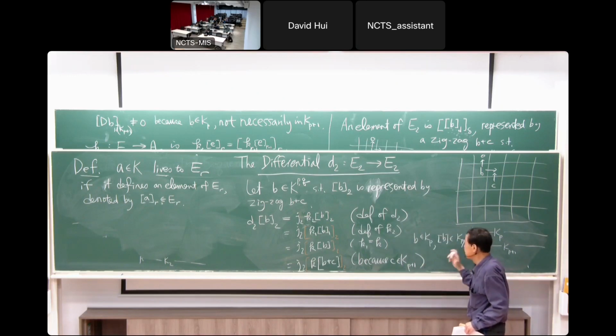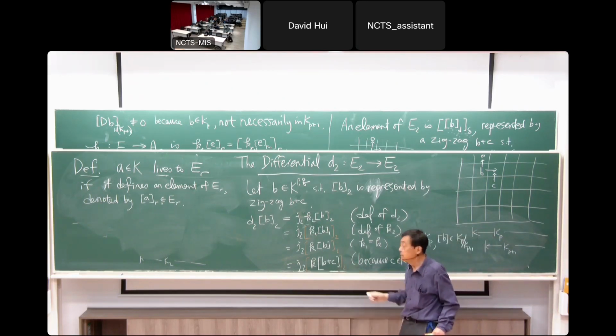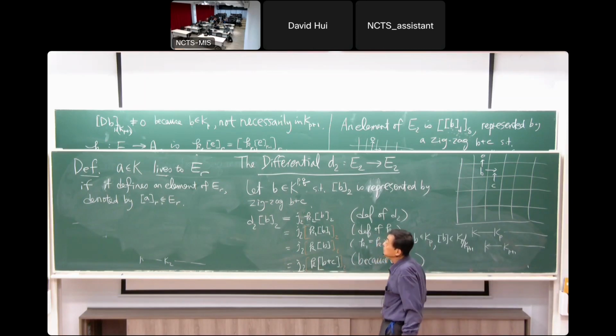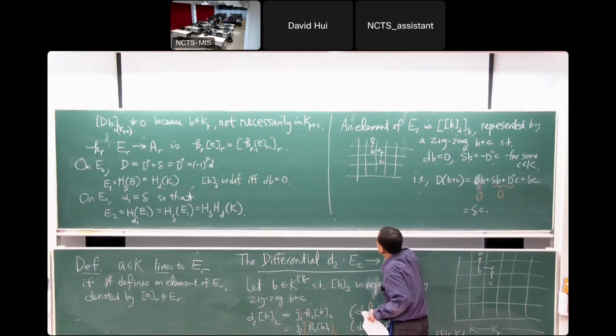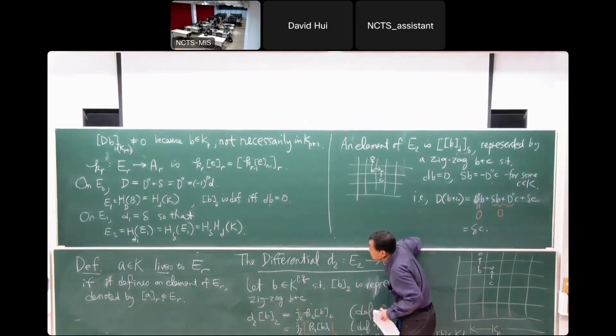When you take the quotient class, C just disappears. And then K is given by big D. So let's start over here again.